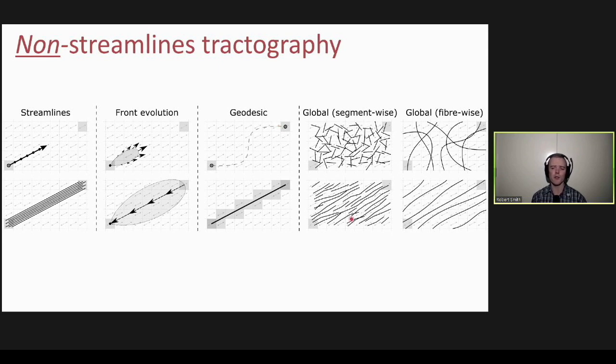And there's also various different types of tractography algorithms that try to simultaneously optimize the entire reconstruction as opposed to doing each connection in a sequential fashion. But when it comes to neuroscientific applications, the vast majority of applications are using streamlines algorithms.